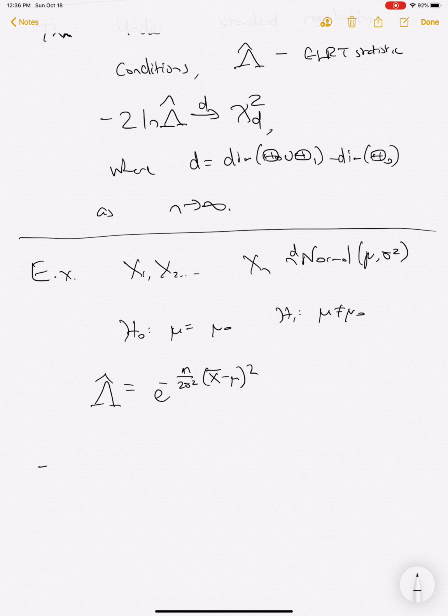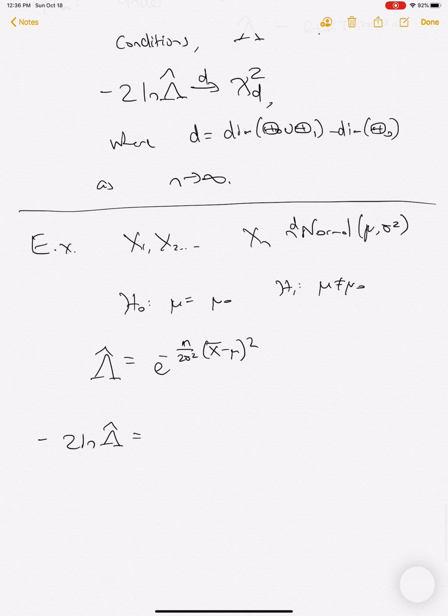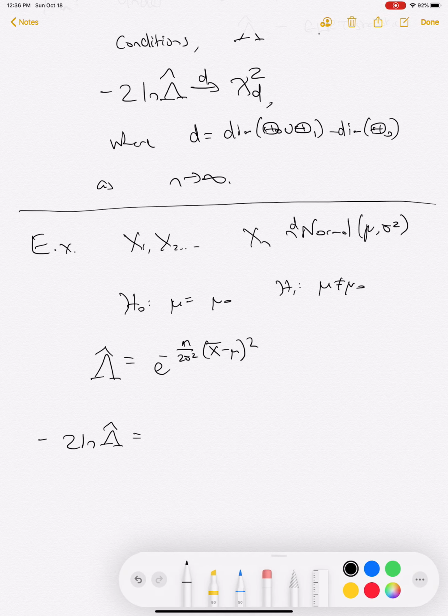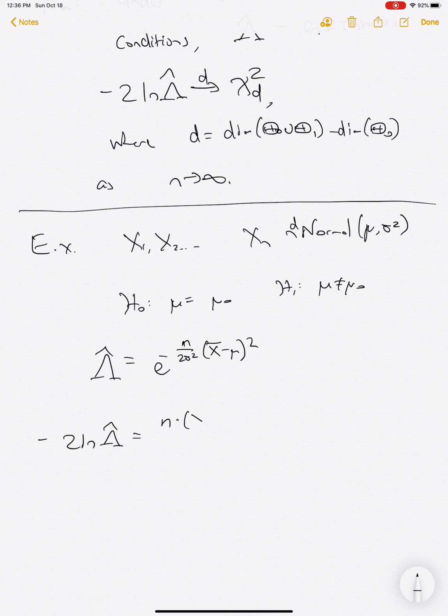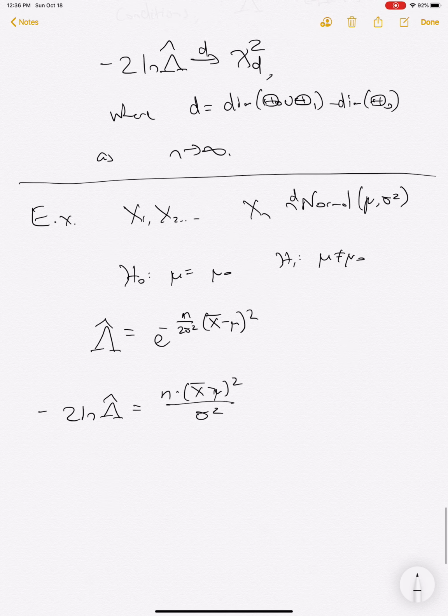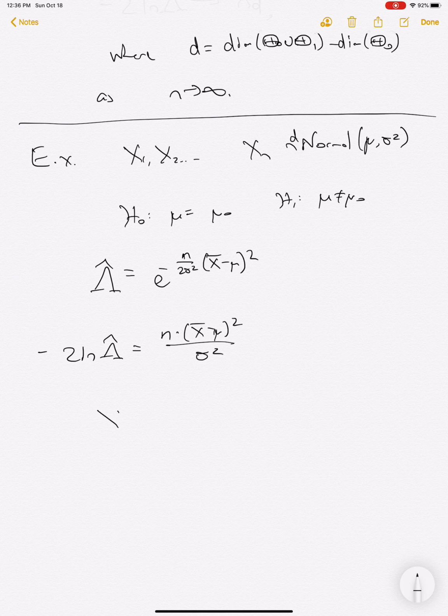And now let's look at -2 times ln of lambda hat. That's just equal to n times x bar minus mu squared over sigma squared. And also note that x bar, as we know, is normal with mean mu and variance sigma squared over n.